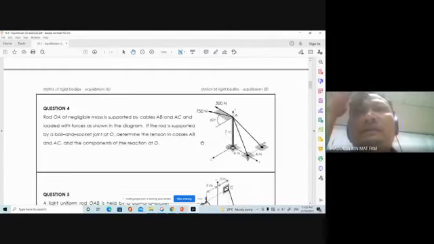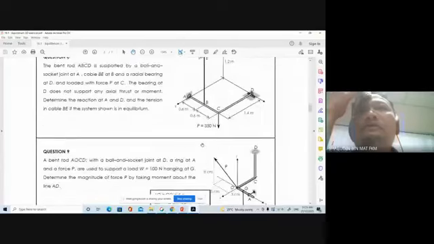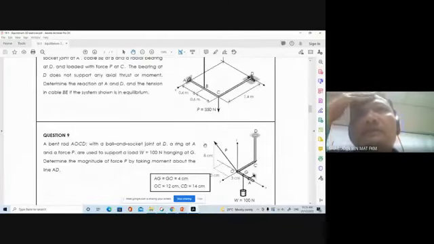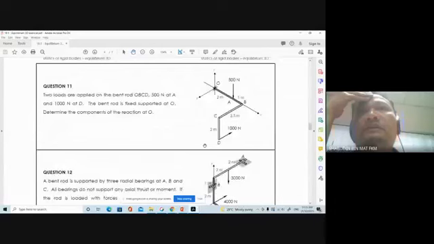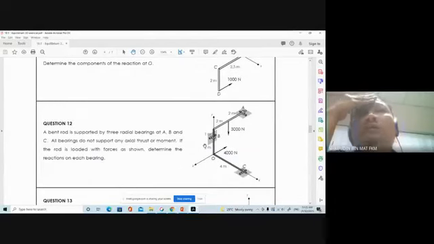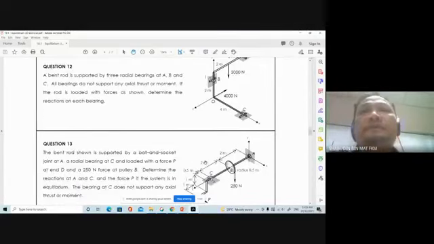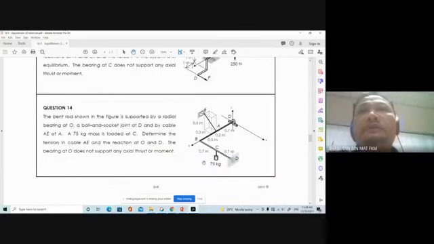So only 3 of you send me the solution. Am I right? Only 3 of you send me the solution. So in university, you have to work more.